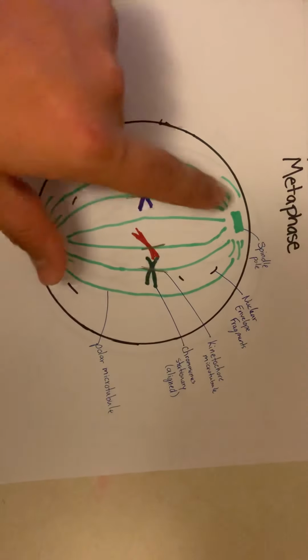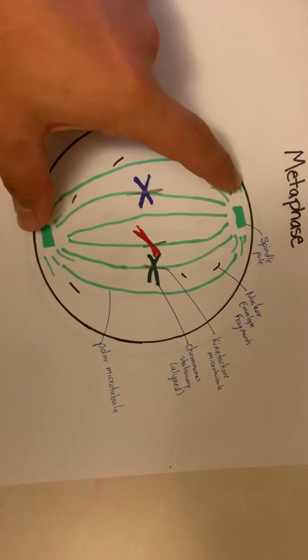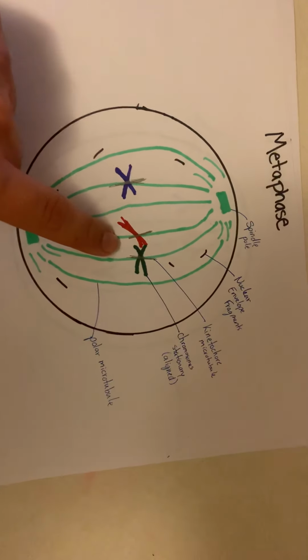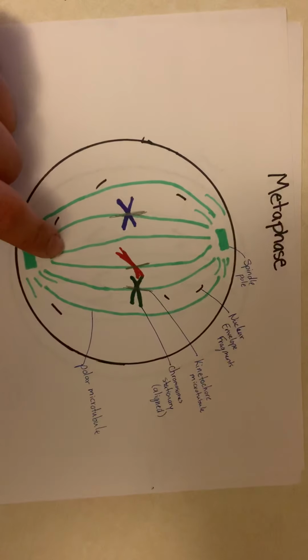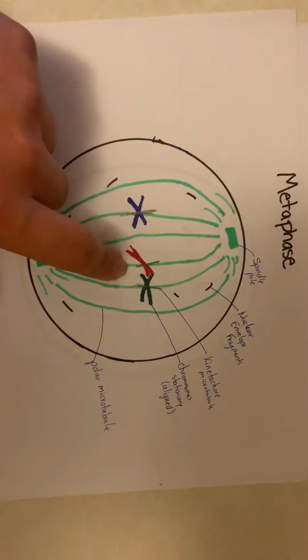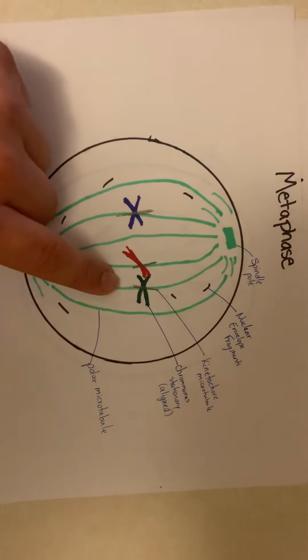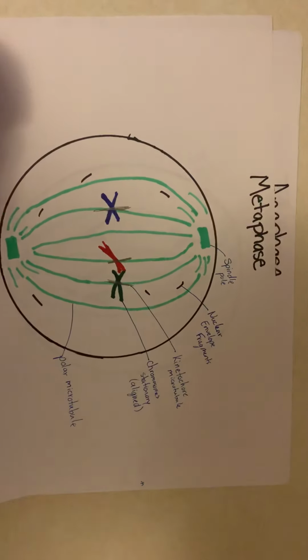But as you can see, our spindles are equally, or at least I tried to make them equally, apart from our chromosomes, which are in the middle. And this phase is just rearranging everything and keeping everything symmetrical. And then the next stage is going to be anaphase.